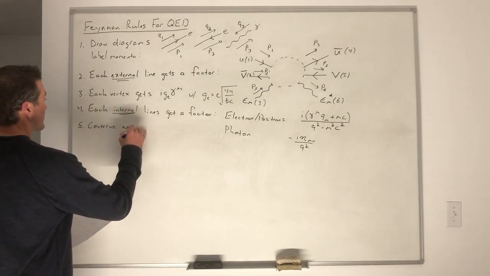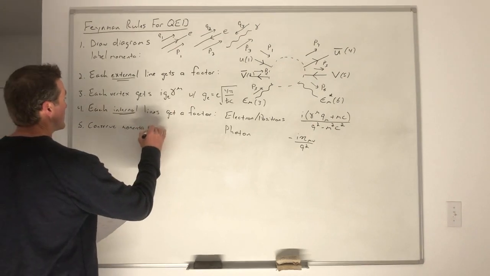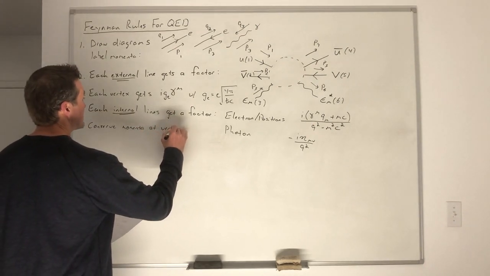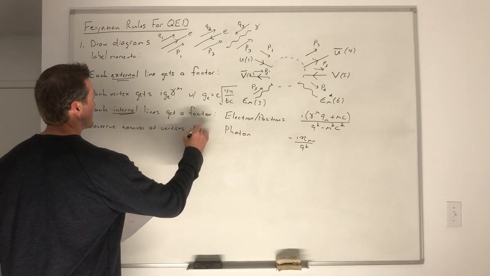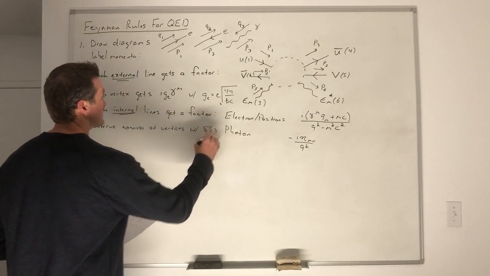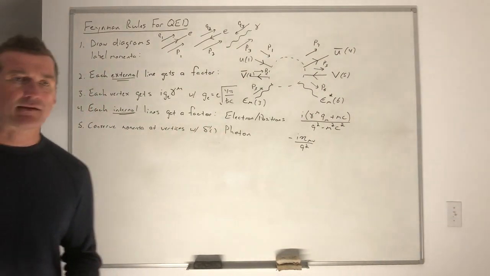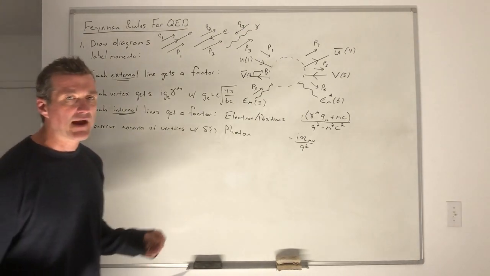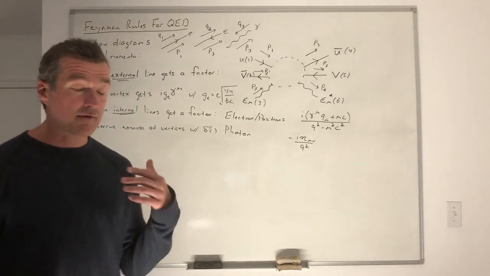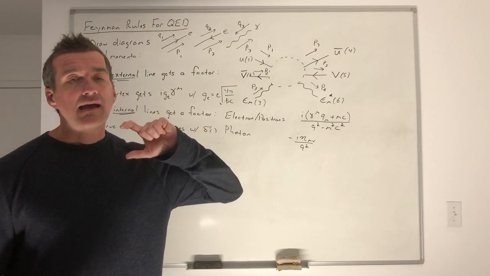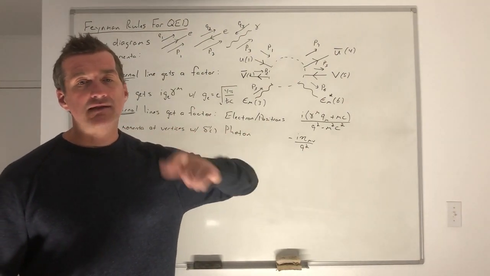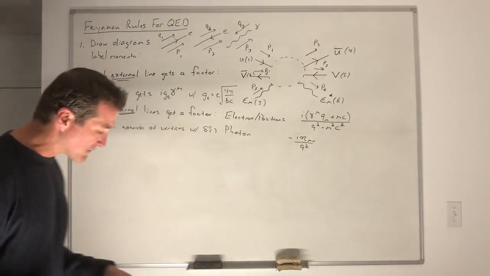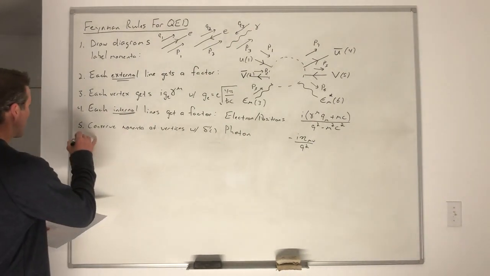So then we want to conserve momenta at all vertices with delta functions. That's the same thing we did in the ABC theory. At each vertex, you want to write 2 pi to the 4th times a four-dimensional delta function, summing all the momentum going in and subtracting all the momentum that's going out. So that's a step we've definitely worked with before.